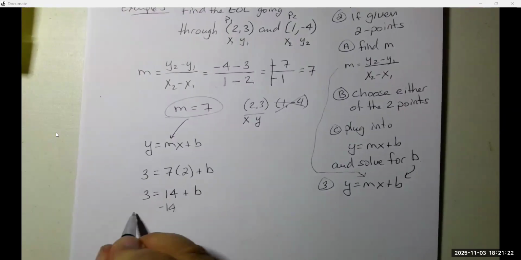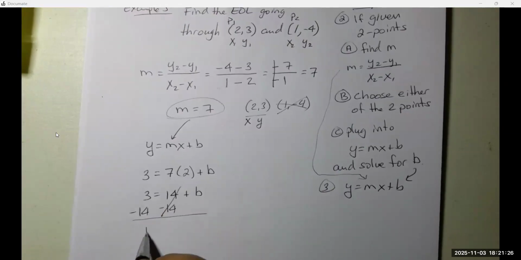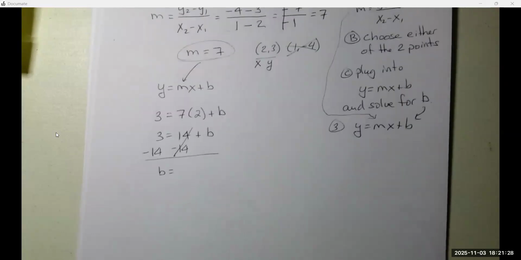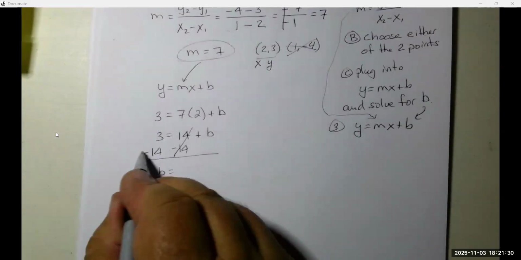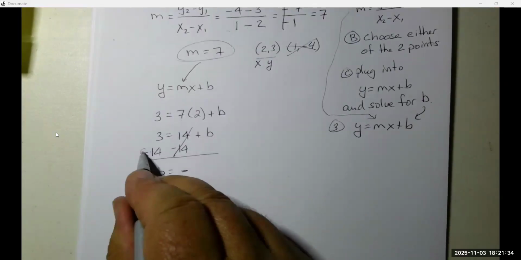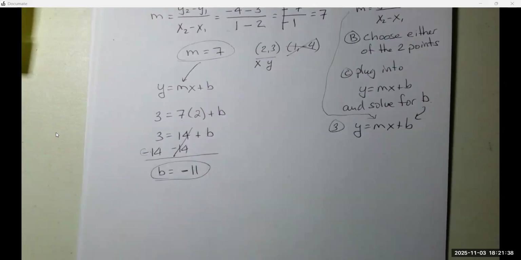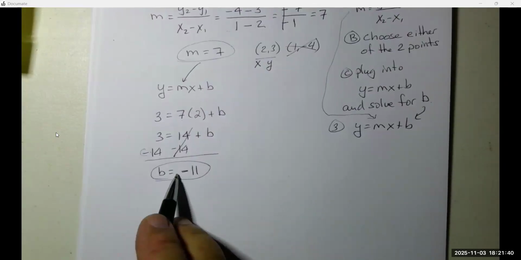Subtract 14 from both sides. So b is equal to 3 minus 14. 14 is bigger. The answer is negative. 14 minus 3 is 11. So b is negative 11.